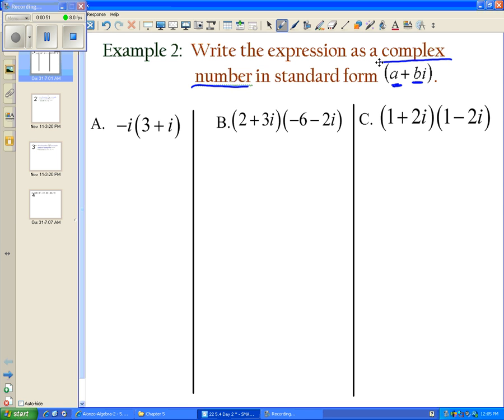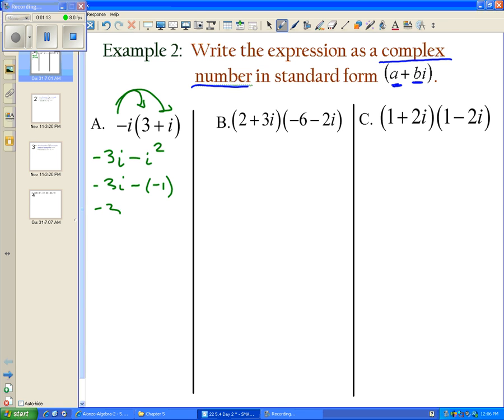So what I want to do here is distribute the negative i into these parentheses. So I get negative 3i minus i squared. Well, I need to remember that i squared is negative 1. So this is minus a negative 1.